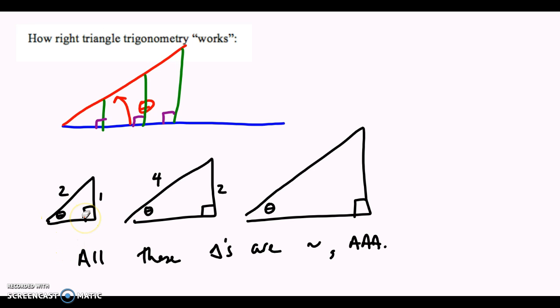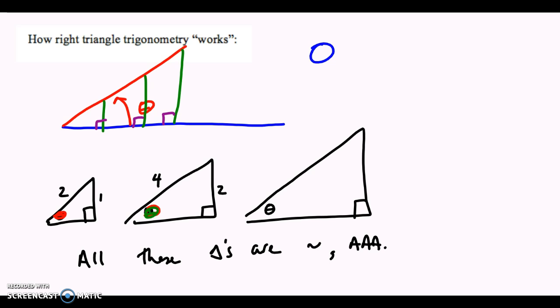This is what trigonometry does. It relates one triangle with a given angle and says that all those other triangles that you make are proportional as long as you have the same theta each time in the right triangle. Sorry about that, I had a little technical difficulty. So again, as long as all these angles are the same, then I know that these triangles are proportional. And that's what trigonometry does.